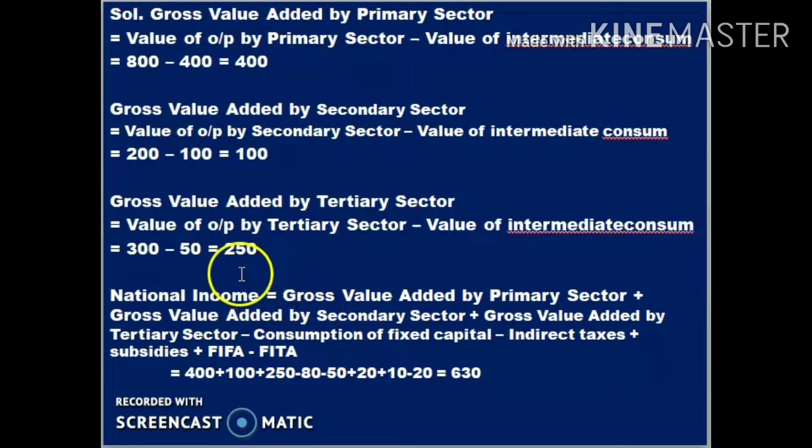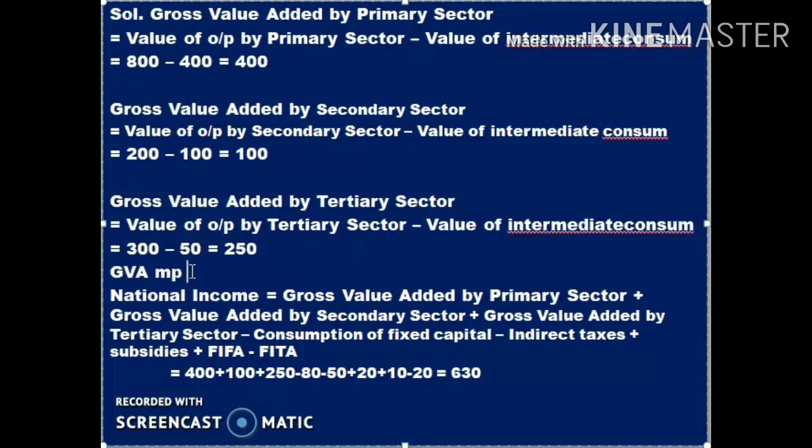Next, as I had told you, you have to convert this GVAMP to find national income. So GVAMP we had found. So what all things we have to include to find national income.